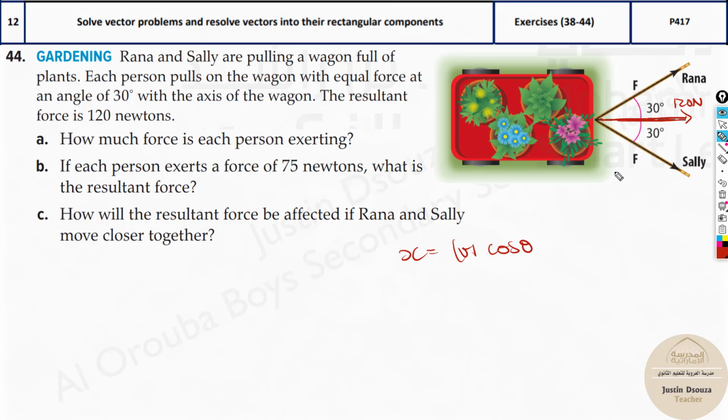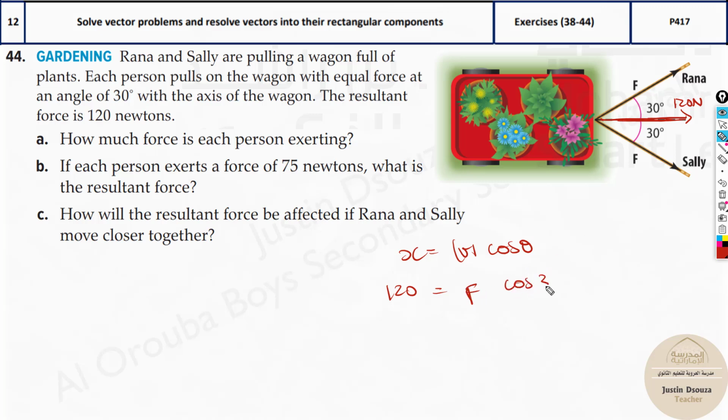Let's substitute what we know. We know this 120 newtons is basically the resultant. That's this x value, 120. And what we want is the force. See, the force is to be found out. Instead of f I've written v, but that is f over here, the unknown value.